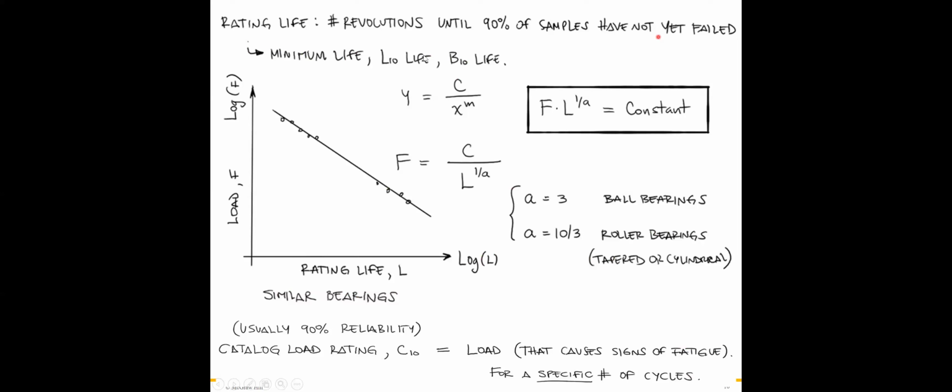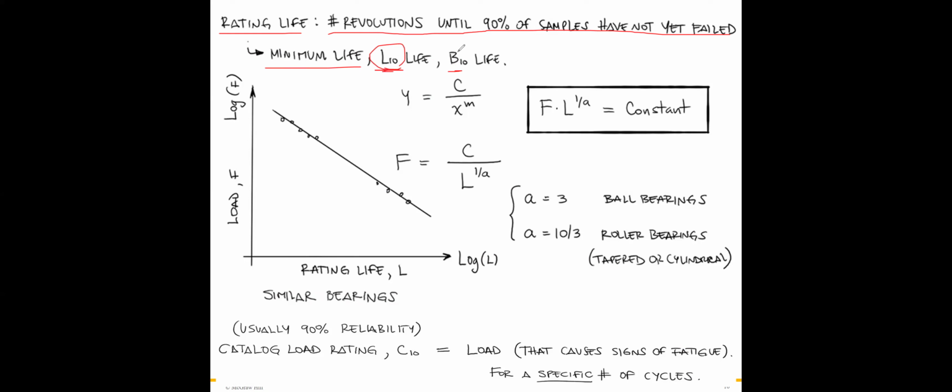So let's think about how to evaluate the rating life. By experiment, of course. The rating life can be the number of revolutions until 90% of the sample have not yet failed, the minimum life, L10 or B10, though we always use L10.